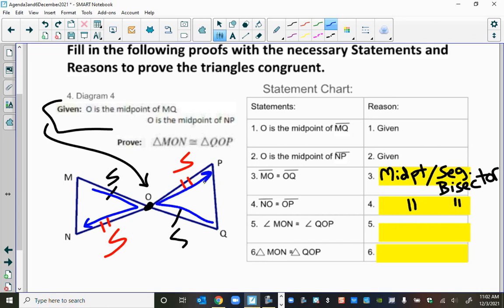Who can tell us why those two angles are going to be congruent? Begins with a V. Vertical angles. Vertical angles. That's right. Again, it doesn't look it, but they're vertical angles. So now we have an A.